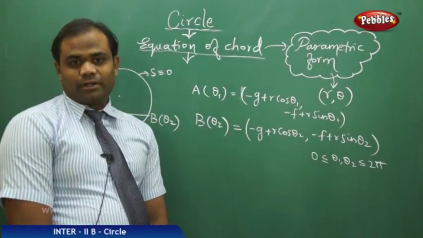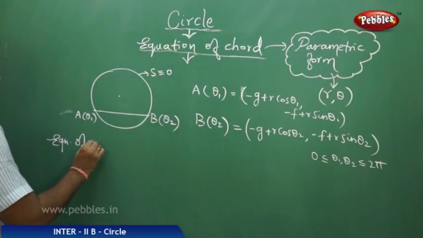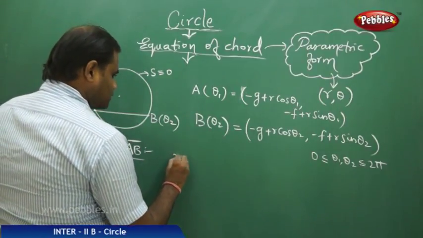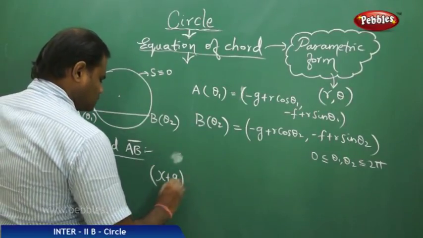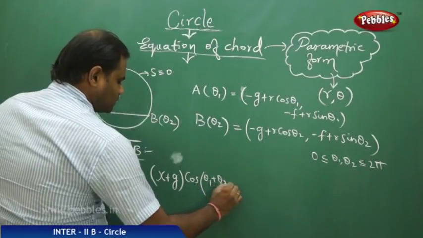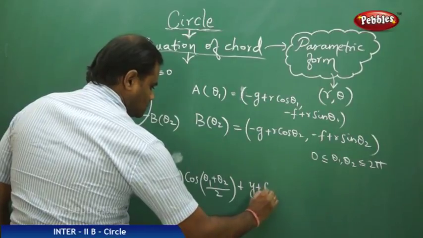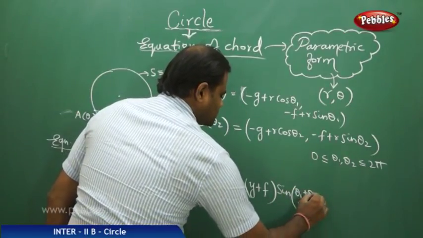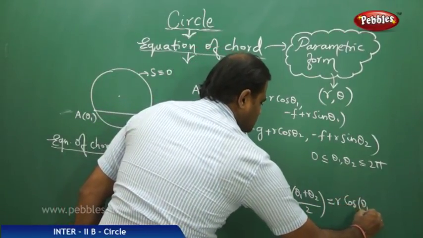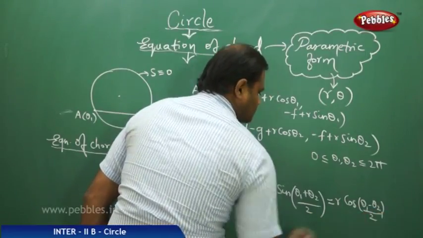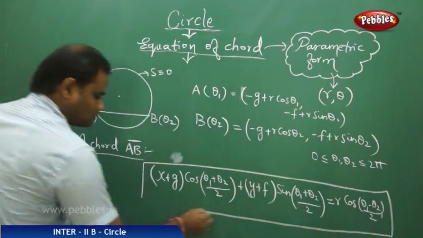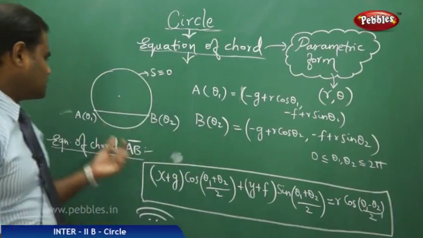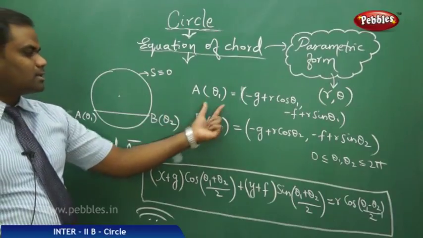So with these 2 points, I want to find the equation of chord, which is given by AB: (x + g) cos((θ1 + θ2)/2) + (y + f) sin((θ1 + θ2)/2) = r cos((θ1 - θ2)/2). This is how we understand the equation of chord given by this formula, where the 2 endpoints of the chord are considered in parametric form as θ1 and θ2.